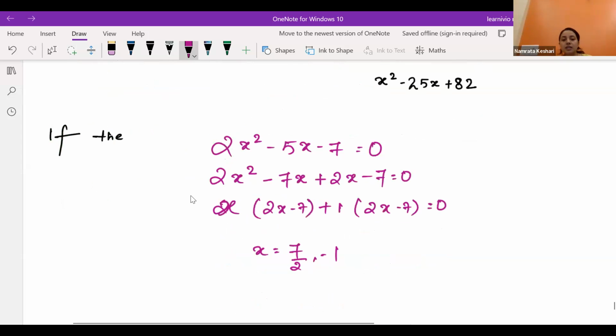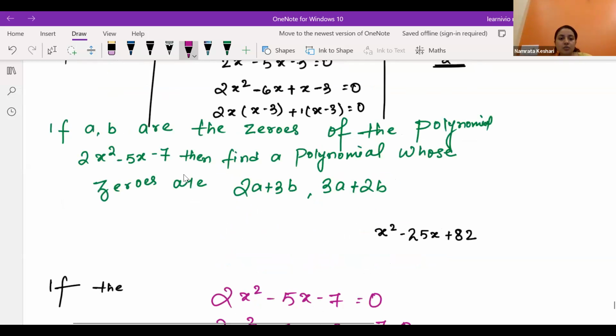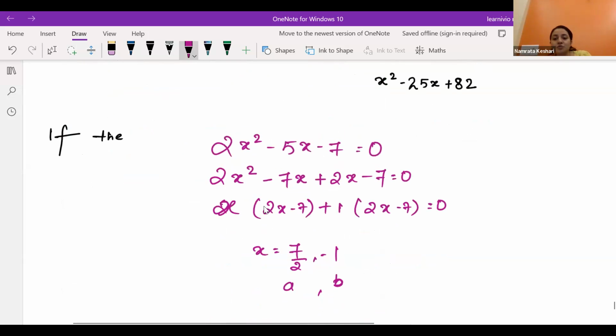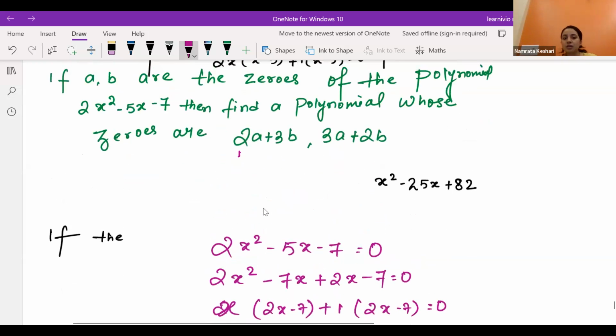Now here it says that a and b are the zeros of this particular polynomial. So let's take this one as a, this one as b. Now we are supposed to find a polynomial whose zeros are 2a plus 3b and 3a plus 2b. If you are confused about which one to take as a and which as b, see how the zeros are given, 2a plus 3b and 3a plus 2b. Whatever you take as a and b, at the end we will be on track.